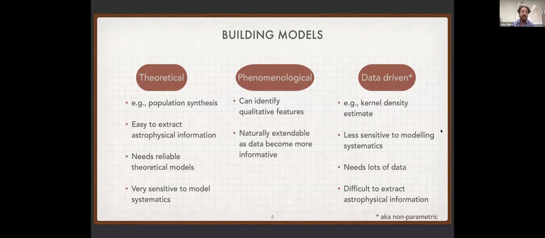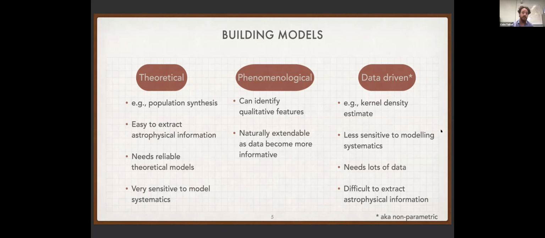These have the advantage that once you've run your model, it's easy to extract the astrophysical information, because your theoretical model tells you exactly what you're supposed to see, and then you compare that with what you've seen, and the one that fits the best, you say is the best representation of reality. But the big caveat is you need really reliable theoretical models, and that's difficult to do. So you're very sensitive to model systematics.